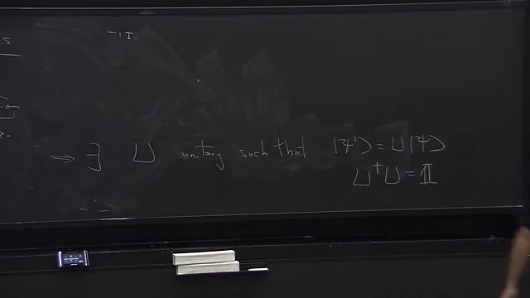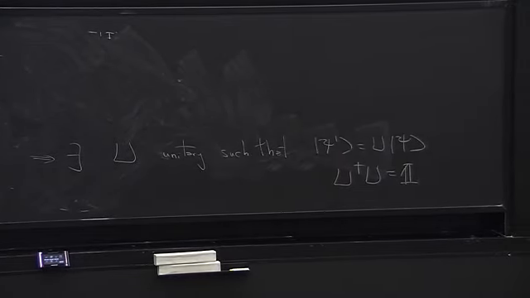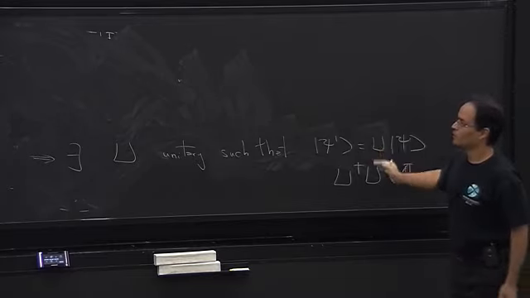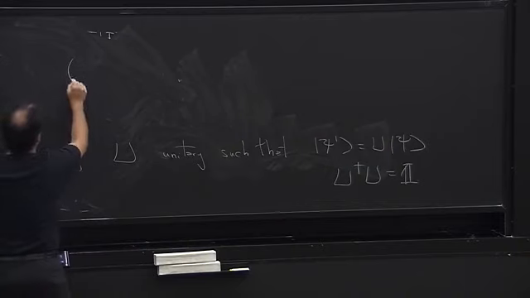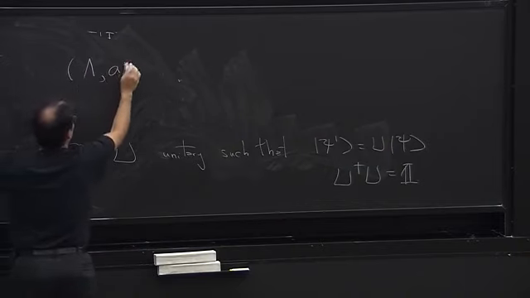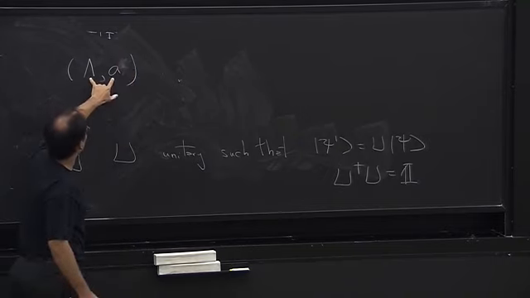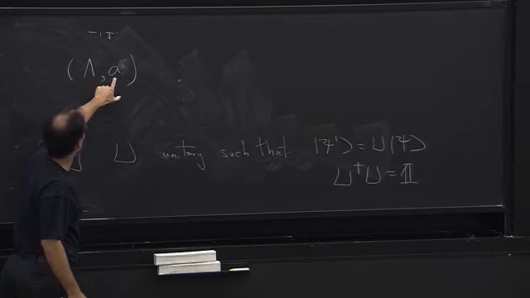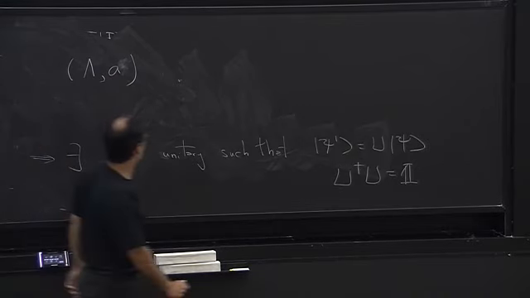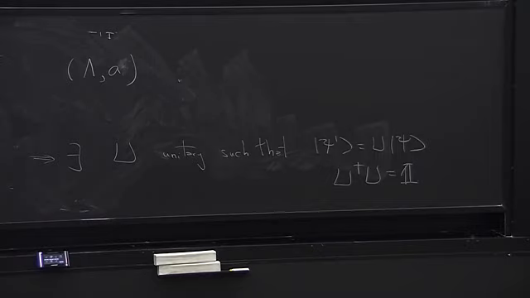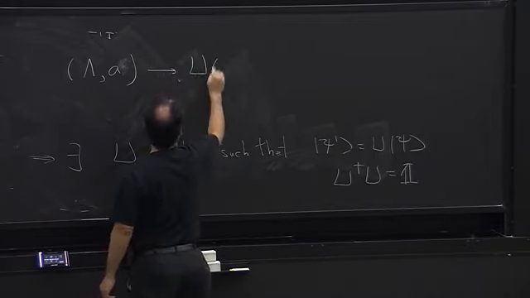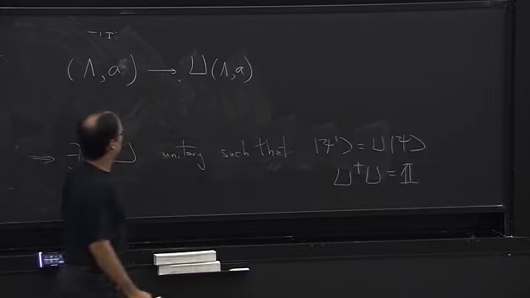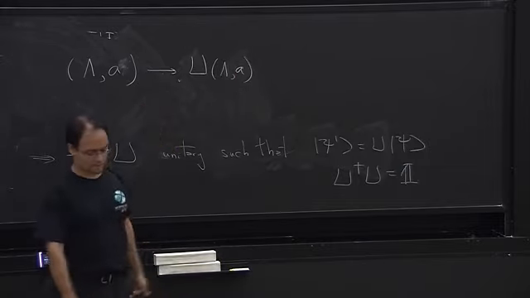Now we are going to say that such a unitary operator must exist for every Poincaré transformation. So a Poincaré transformation is a collection of pairs of objects, Lorentz transformations and translations. And we're going to assume that there exists one unitary operator per Lorentz transformation.